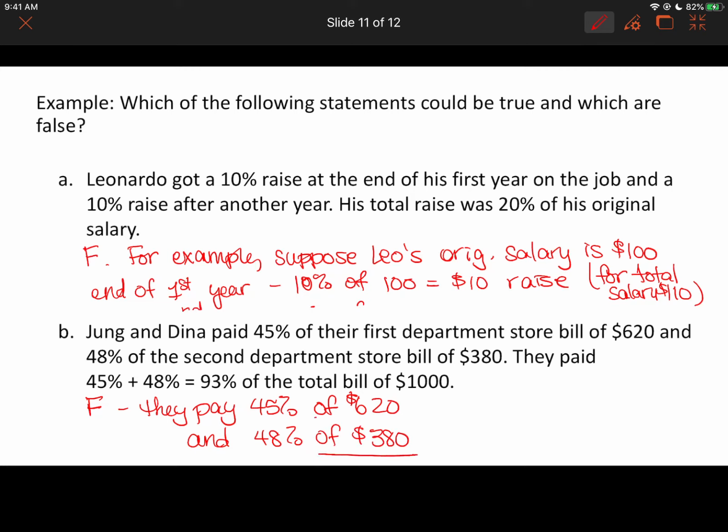These wholes are different, right? So I can't just add those percentages up and say that sum is a percent of the total bill. Okay, so this is false. That would be nice for them if that was true, but that is indeed not the way that it works out.